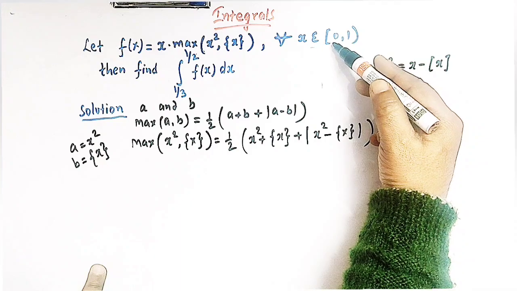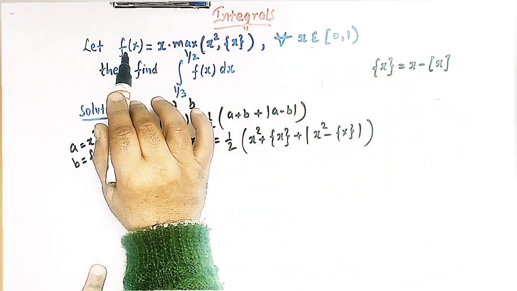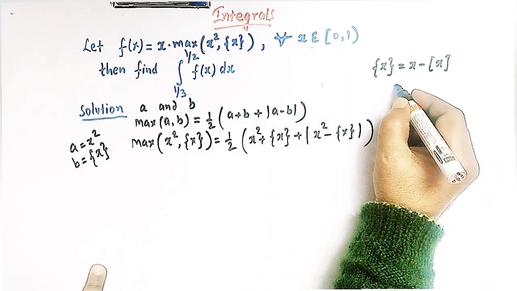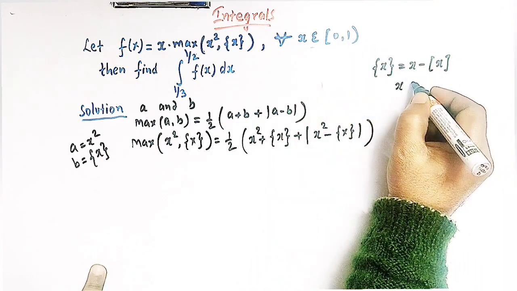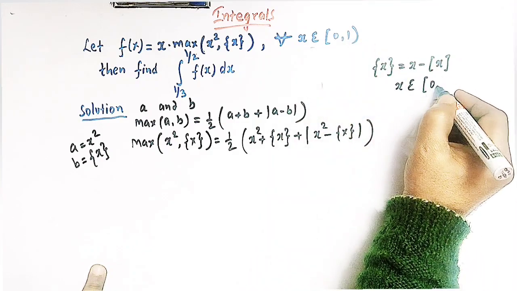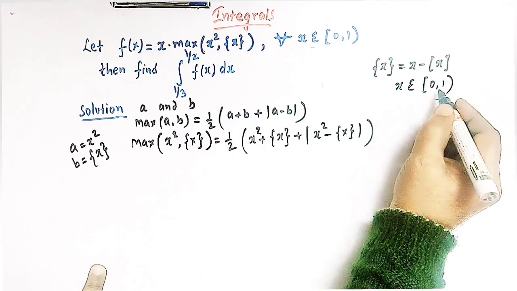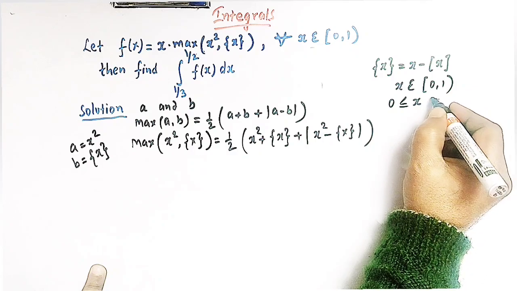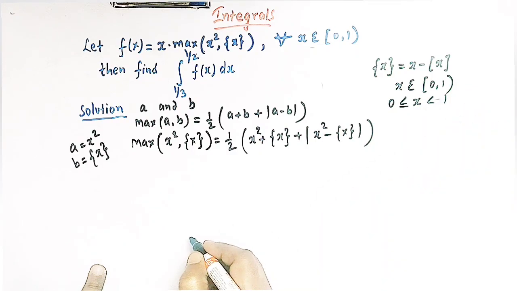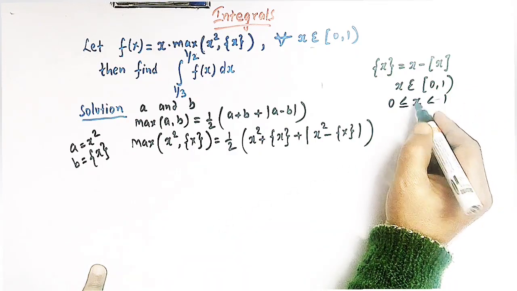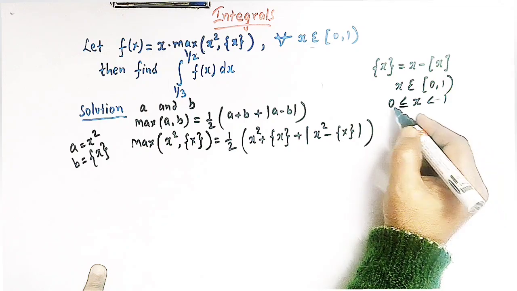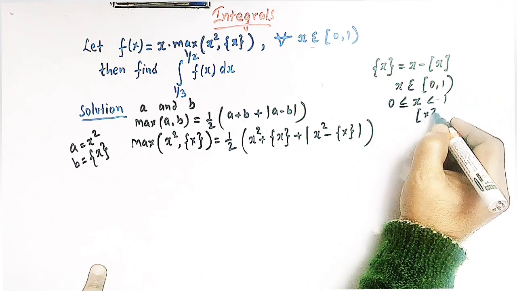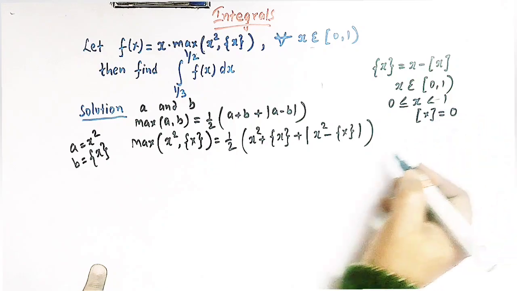Here we can see that this function f(x) is defined for all values of x belonging to the interval [0, 1). So we can also write x is greater than or equal to 0 but less than 1. When x lies between 0 and 1, including 0, the value of the greatest integer of x should be equal to 0.